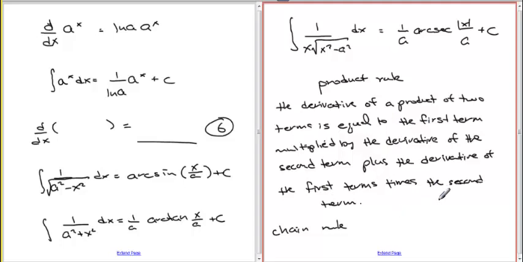And the reason it is in words is just because when you have a product, you know, do I call it f of x, g of x, h of x? It's confusing, but if you just call them first term and second term, then you'll be fine.